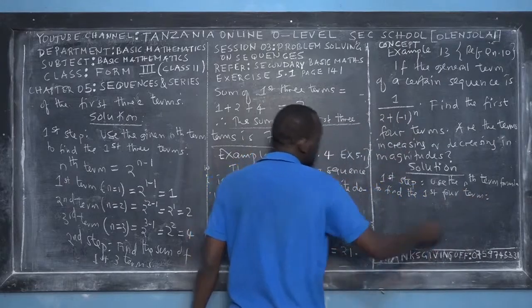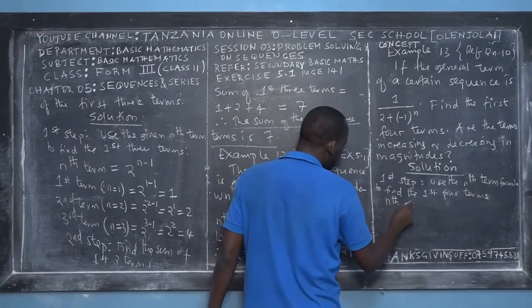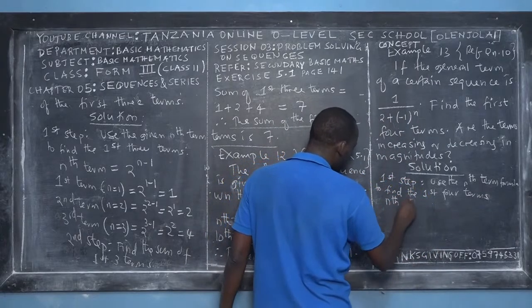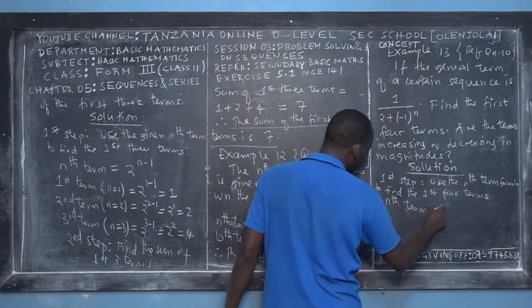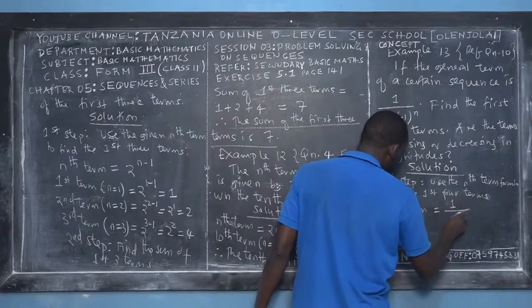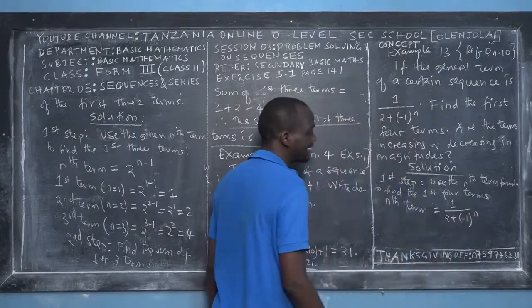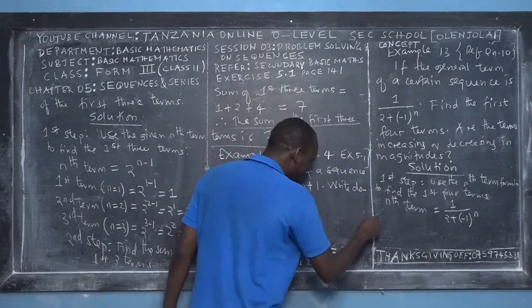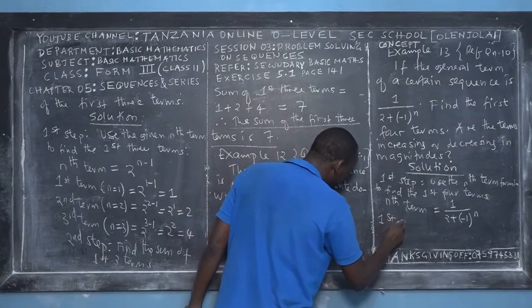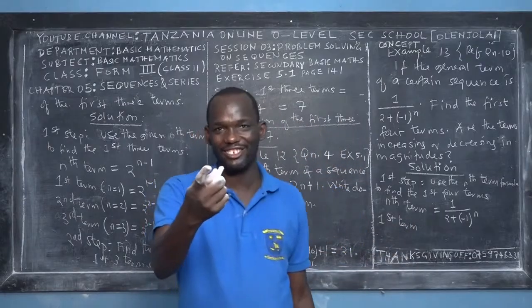How? The nth term, which will be given, is the nth term formula. This is given by 1 as the numerator, and the denominator is 2 plus negative 1 power n. Right? So then the first term, I know that you can pause the video and find these terms. I know you can.